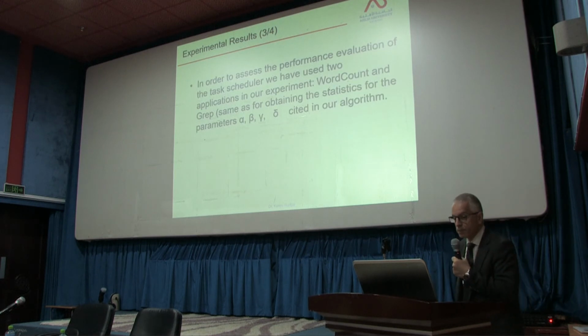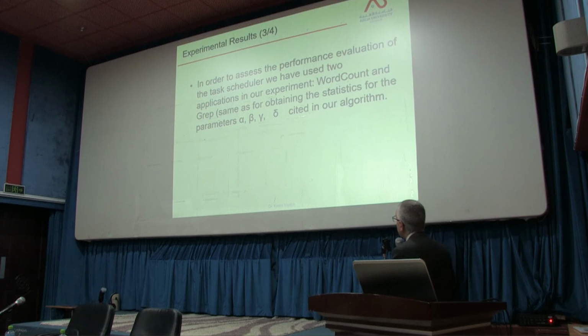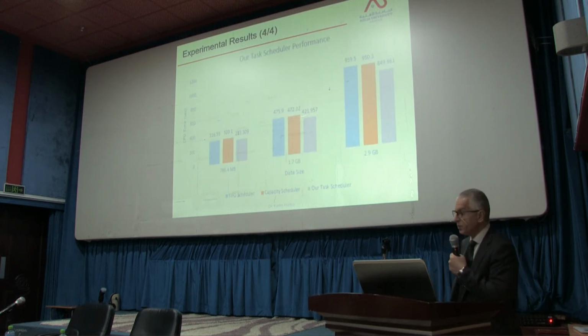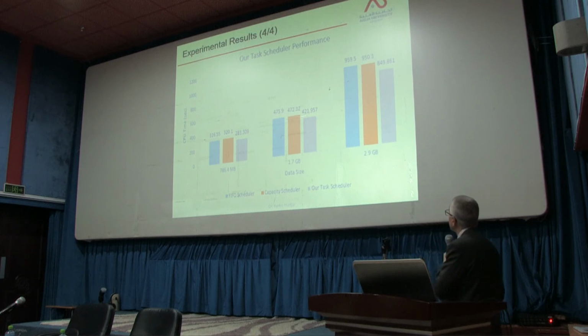For the experimental results, we also used word count and grep for the task scheduling, and we obtained these results. We compared our task scheduler with the FIFO scheduler and the capacity scheduler on different data sizes, which, as I said before, are 786 megabytes, 1.7 gigabytes, and 2.9 gigabytes.